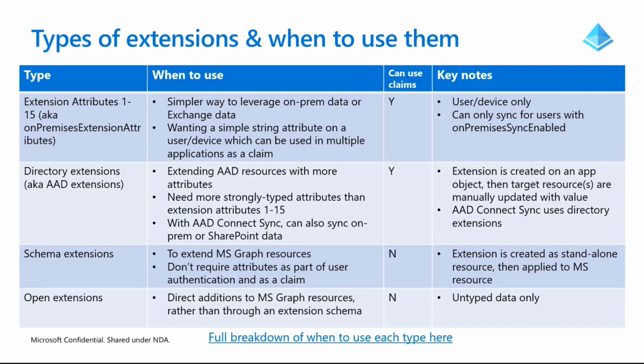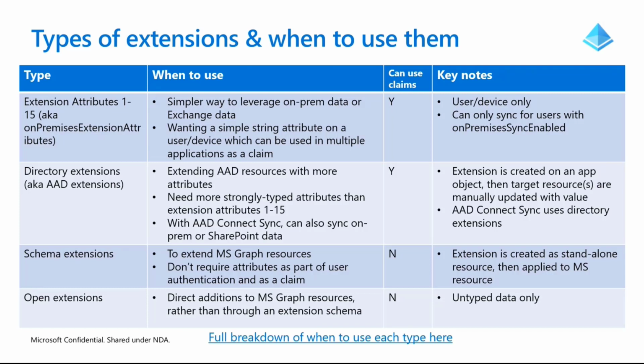Directory extensions. So basically these are a way of extending Azure Active Directory resources with more attributes. Really the most common one is probably groups or users. You tend to use this when you need more strongly typed or more structured attributes than just the strings that you can find in extension attributes 1 through 15. You can actually define the schema and what kind of resources these attributes can be used for.